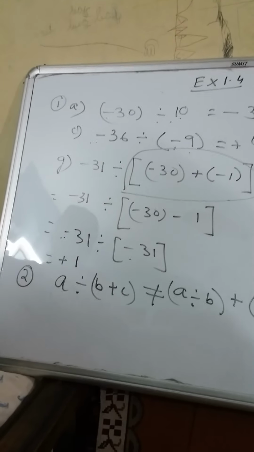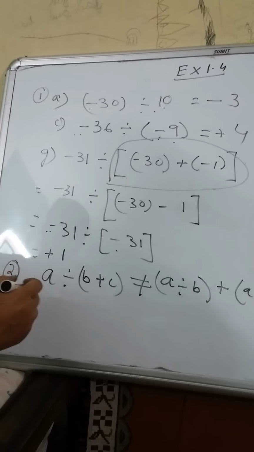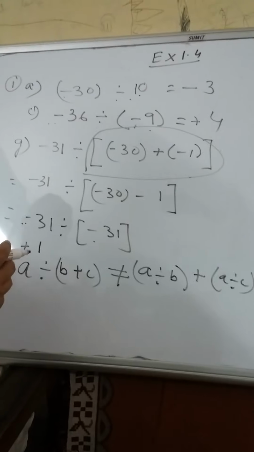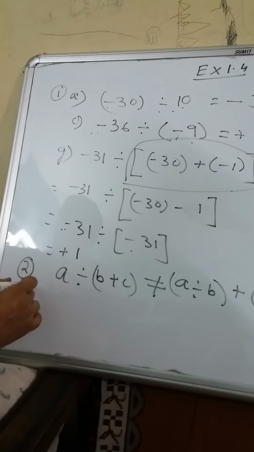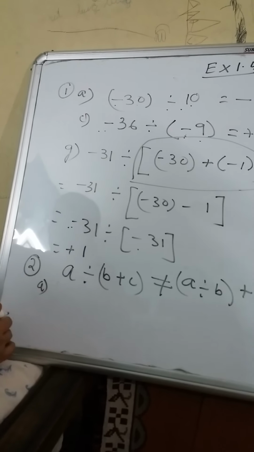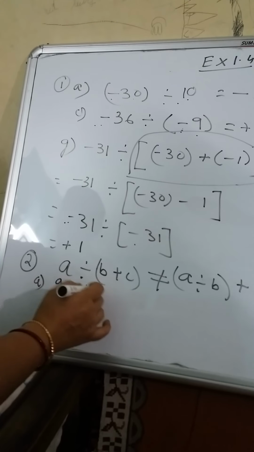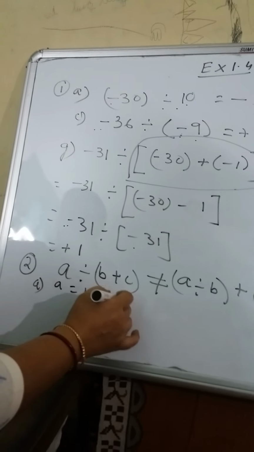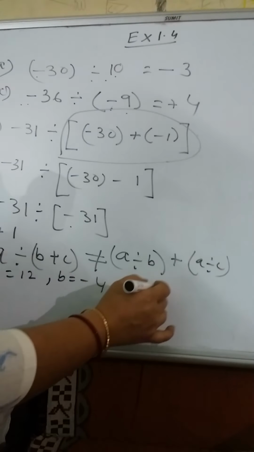I have told you earlier also, whenever you have to verify, you have to solve the left hand side and right hand side separately. So question number 2a. Some values of a, b, c are given. Here a equals 12, b equals minus 4 and c equals 2.